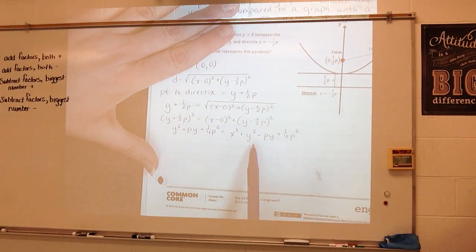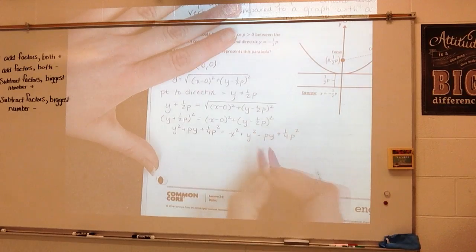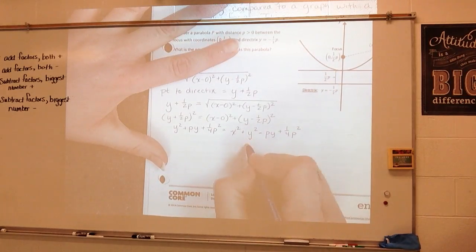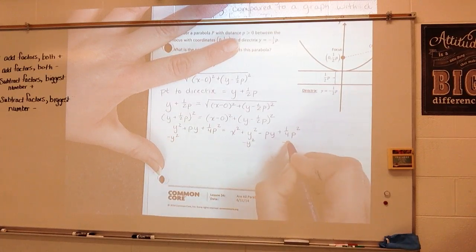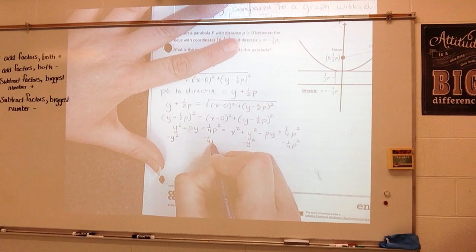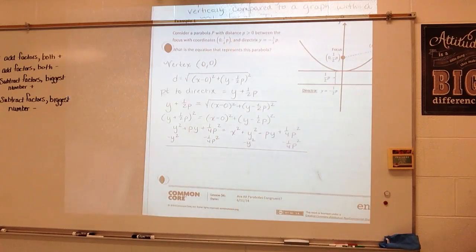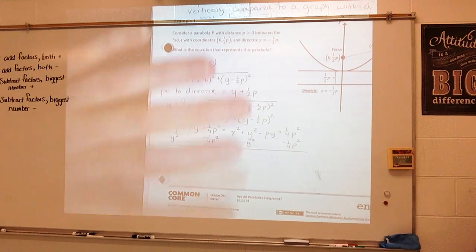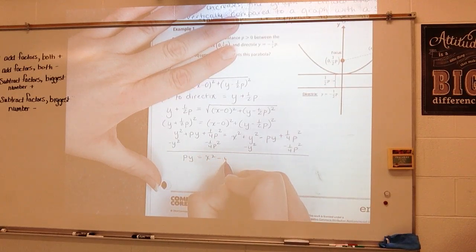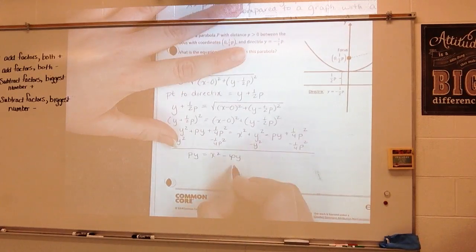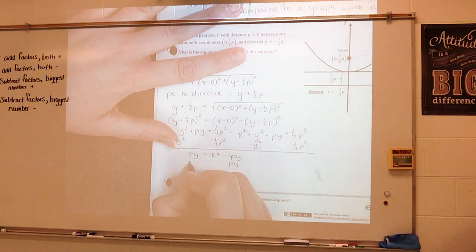Look what happens here. I'm going to subtract the y squareds. They cancel. If I subtract 1/4 p squared from 1/4 p squared, they cancel. So I'm left with py is equal to x squared minus py. So add py.